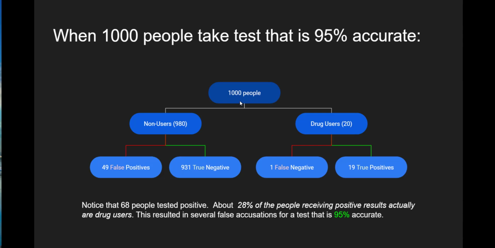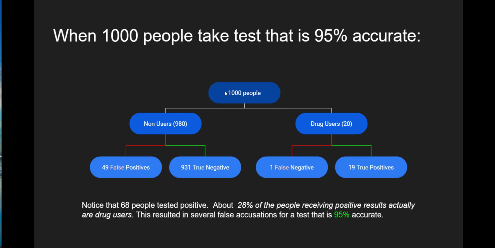To give us a visualization of this, we start with 1,000 people. Because research tells us that about 2% of a population actually partakes in drug use, 2% of 1,000 is 20, and the remaining 980 people are most likely non-users.